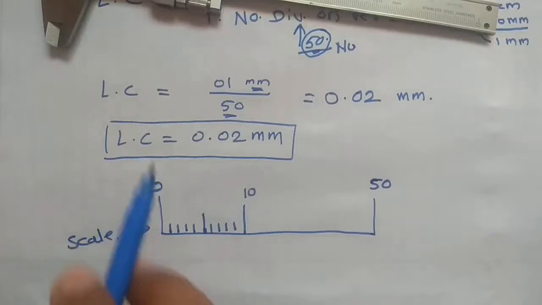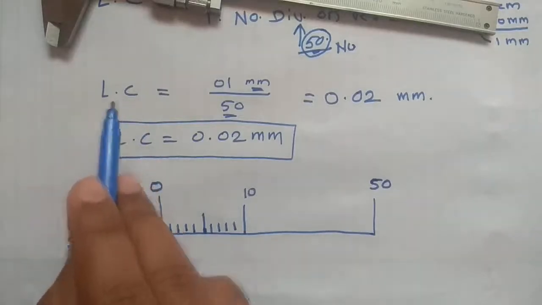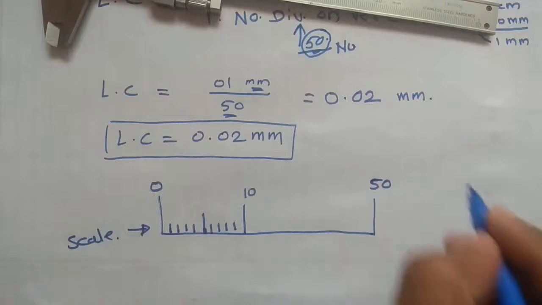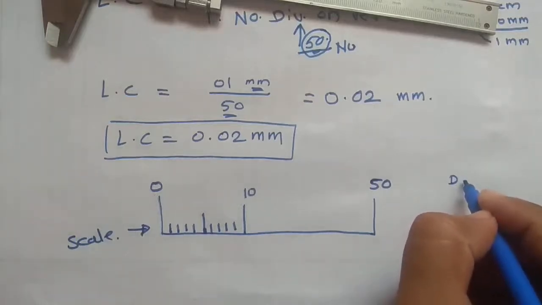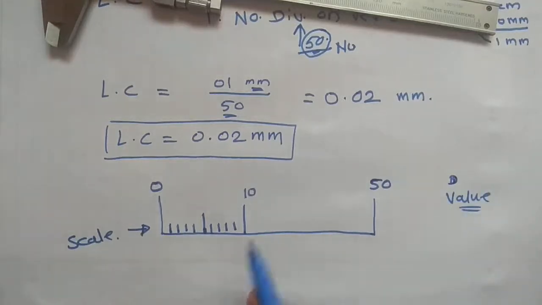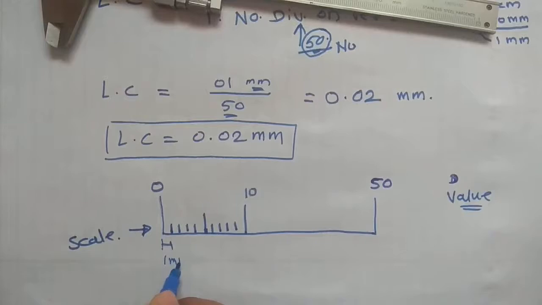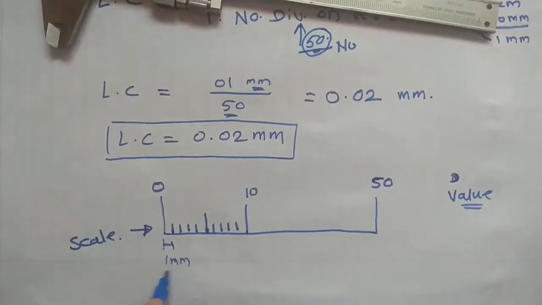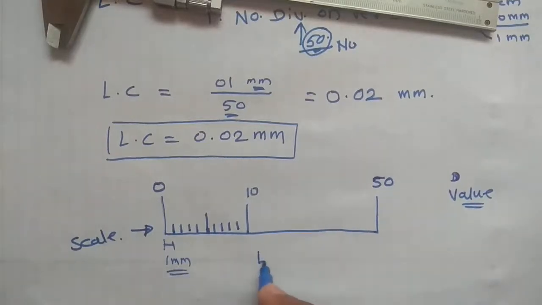At that time, when anyone asks you the least count of a scale, you don't have to apply the formula. As we know what is meant by least count, it is the smallest value that can be measured by an instrument. The smallest value measured by this instrument is 1 mm, because the first line is 1 mm. In this way we can write that the least count of a scale is 1 mm.